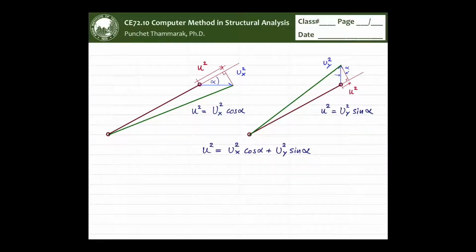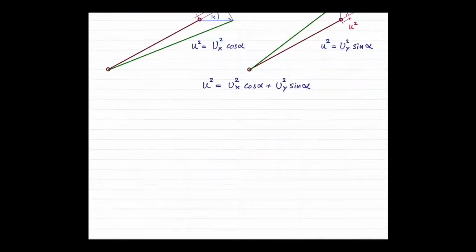Well, we will take these relationships for u1 and u2 from the previous page and this page, and then we put them together.